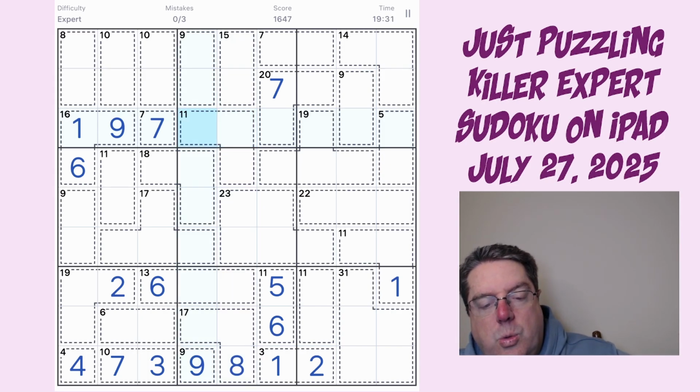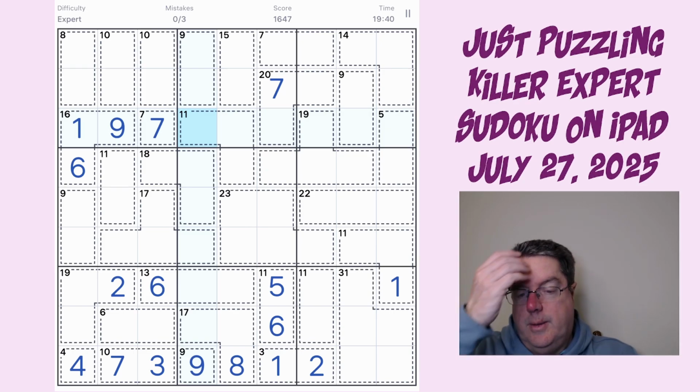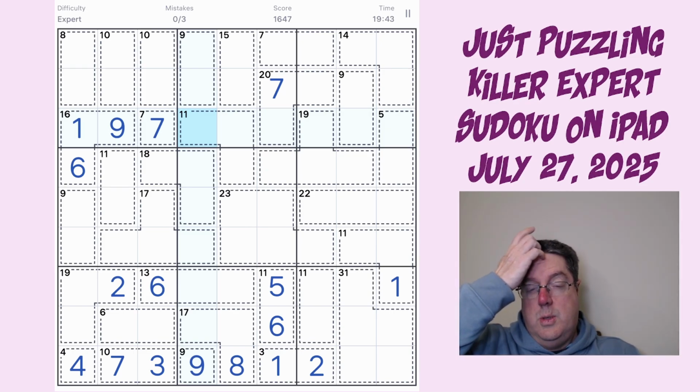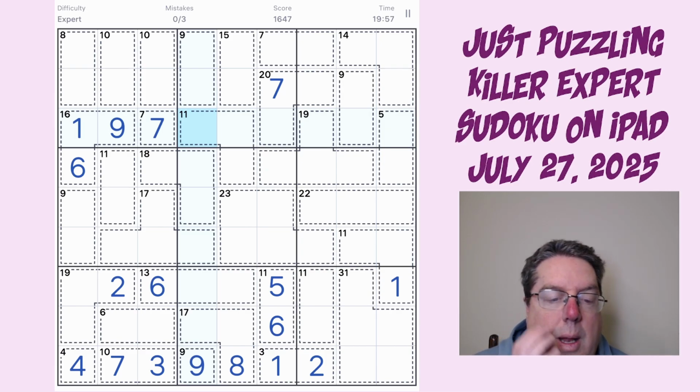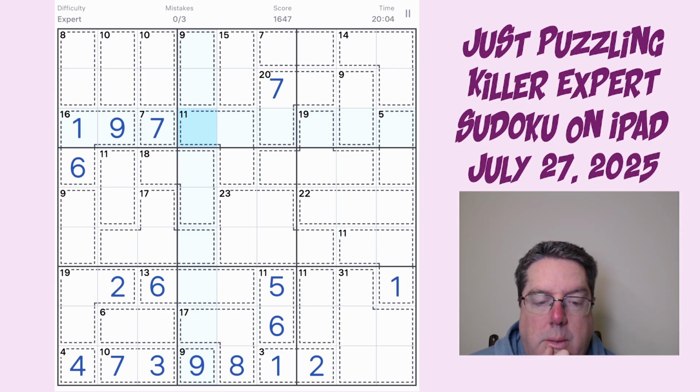If that's 2, 4 and 6, 2. So I can tell you what that is, but that's not going to help me. I don't understand why I'm struggling so much with these.